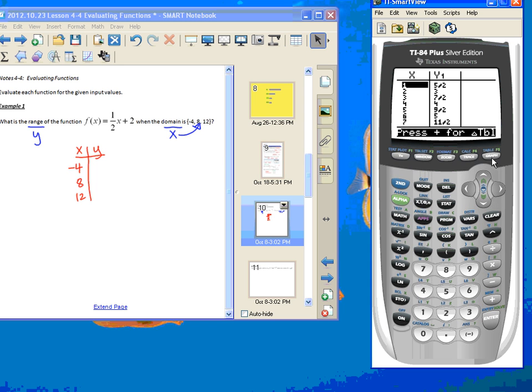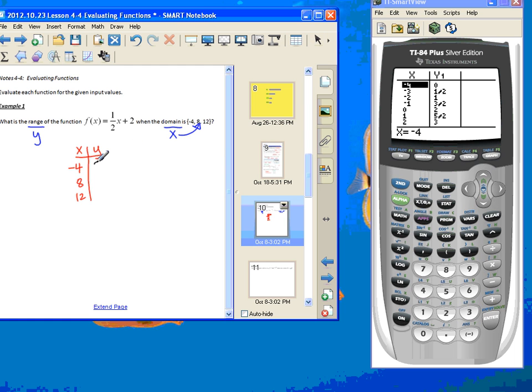But we are looking for specific values in that table. So we want to know where x is -4. I don't see that on my screen, so I have to push the up button until I find -4. So when x is -4, y is 0. So that's going to be the first thing I write in here.